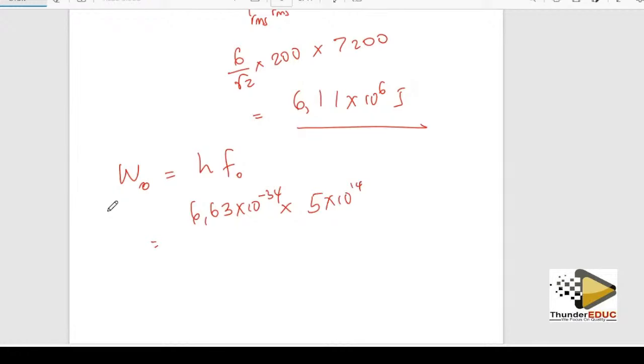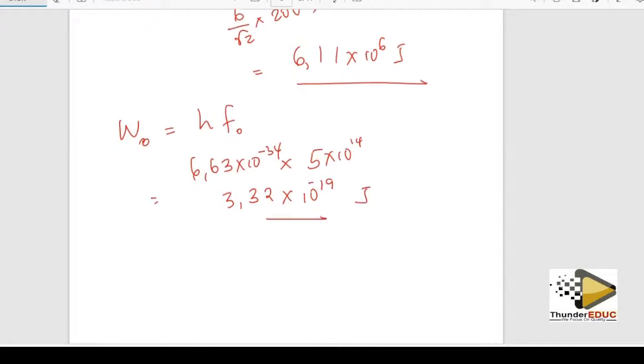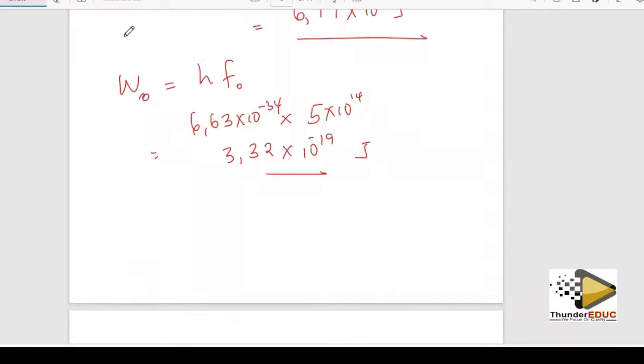I'm getting a weird answer, guys. Again, which is 3.32 times 10 to the negative 19, but negative. That will be joules, since it's work function, work done.